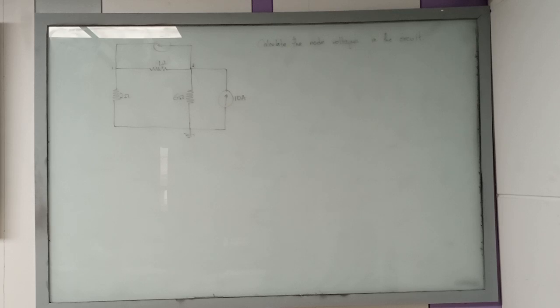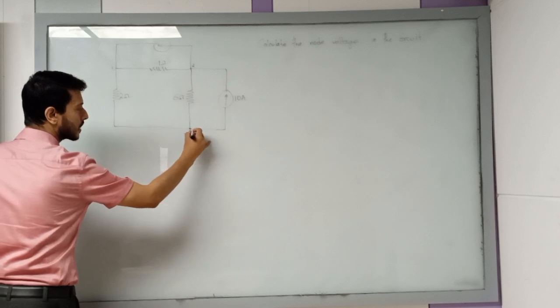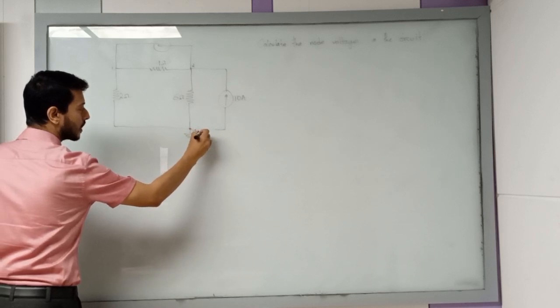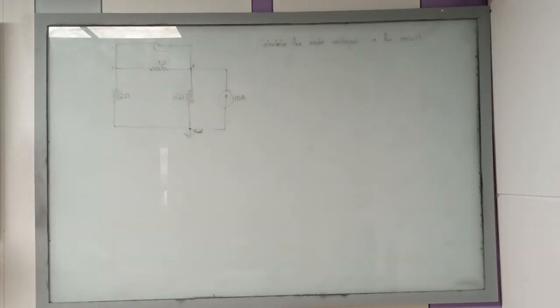Reference node কোনটা হবে? গ্রাউন্ডের সাথে যে পয়েন্টে কানেক্টেড আছে এটাই রেফারেন্স নোড। সো এইটা এখানে যে নোডটা আছে এটাকে V reference ধরতে পারো, হ্যাঁ। So how many nodes are present in the circuit except the reference node? There is this one and this one, these are the two active nodes, right?